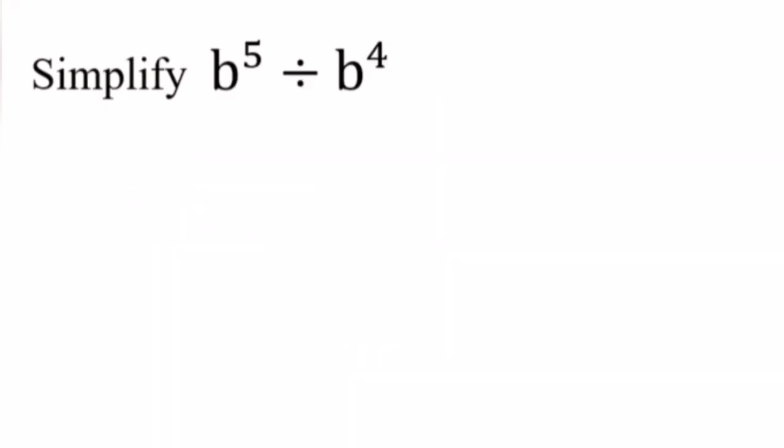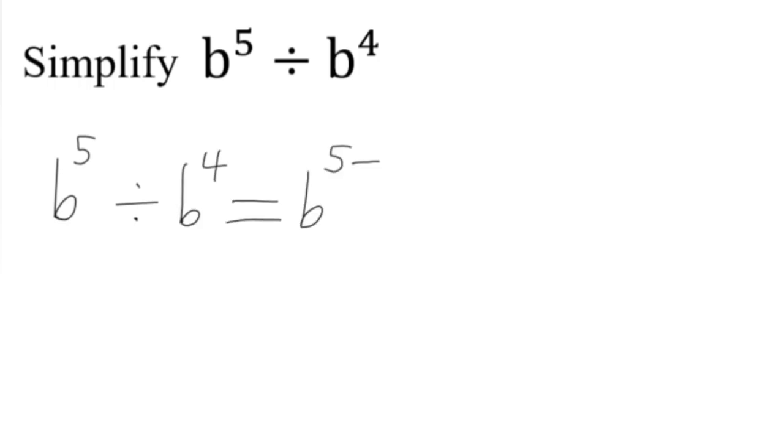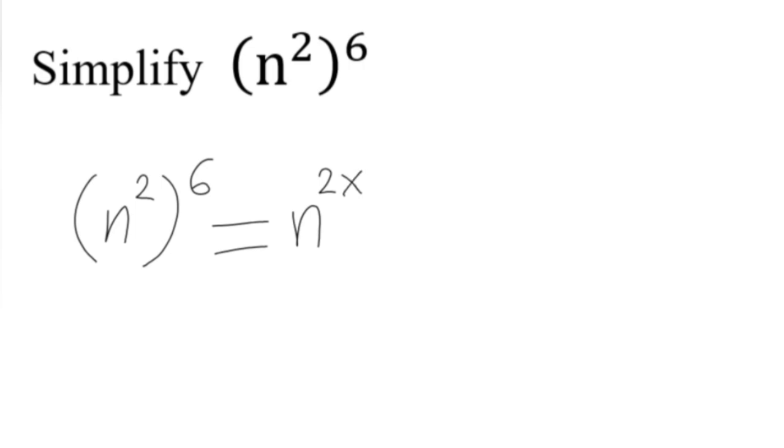Let's say we want to simplify b to the power of 5 divided by b to the power of 4. Well, that just equals b to the power of 5 minus 4, which then equals b. Let's say we want to simplify n squared to the power of 6. Well, that just equals n to the power of 2 times 6, which equals n to the power of 12.